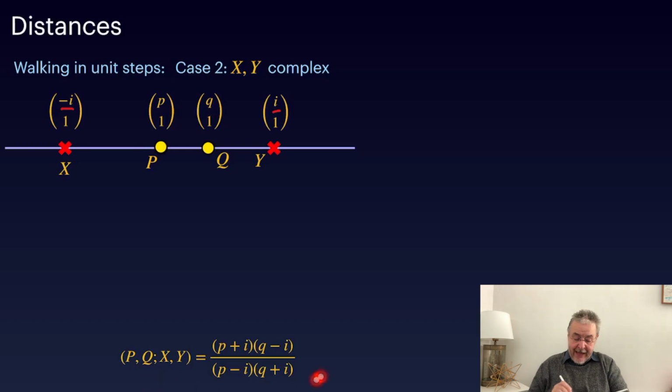If I calculate this cross ratio here with x and z, what I get is this expression, and if you look at it, you see that in the numerator and in the denominator you get two numbers which are complex conjugates of each other. Here you add i first and subtract i second, and here you subtract i first and add i second. So these two numbers are complex conjugates.